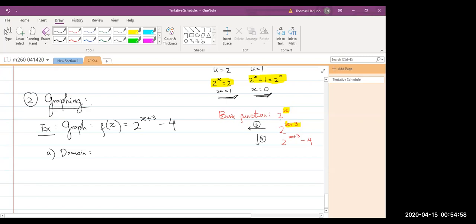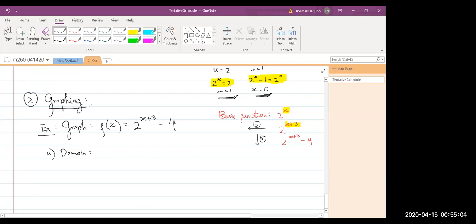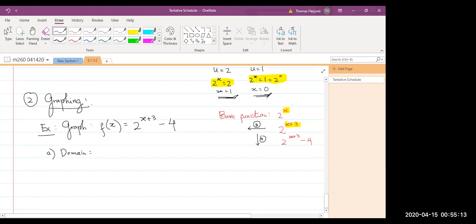No. The domain for an exponential function is all real numbers. Oh, I thought you were talking about this one right here. Yeah, but even this one, you will see that it's still all real numbers, because if the original domain is all real numbers, then however you move it, it's still all real numbers.